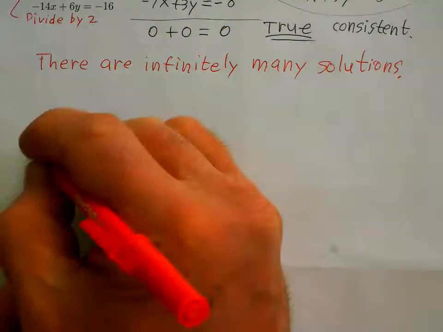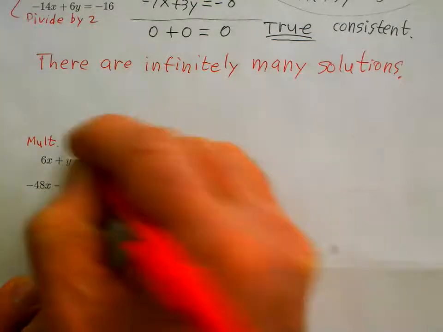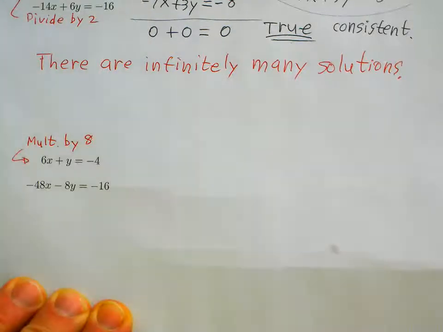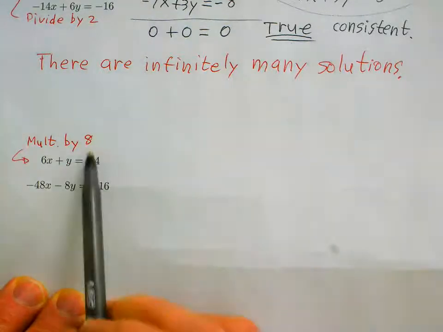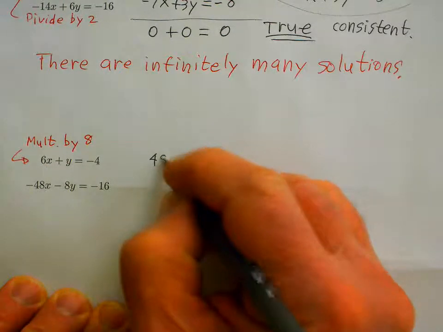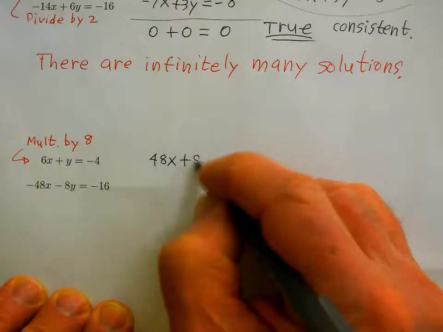So I'm going to multiply every term on both sides of the top equation by positive 8. So 8 times 6x is 48x, plus 8 times y is positive 8y.